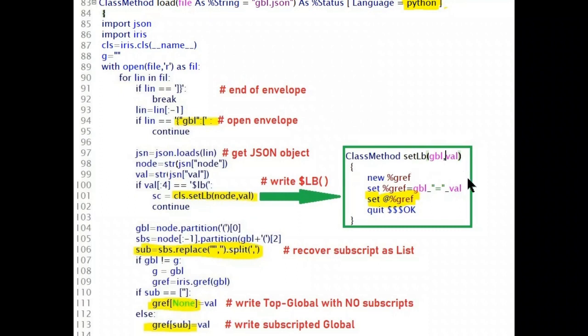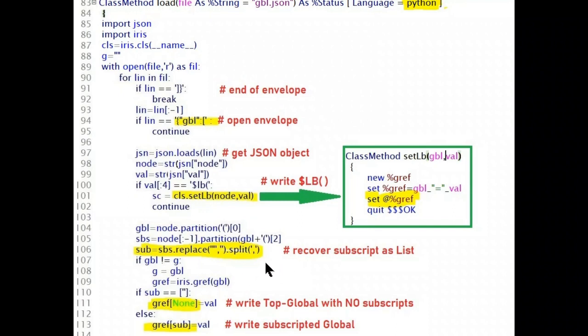And that's all that you have to do. You pass the global, you pass the value, and you write it, and it's done. But you also have the option for strings, for numerics, to write to the global directly without jumping out to ObjectScript.